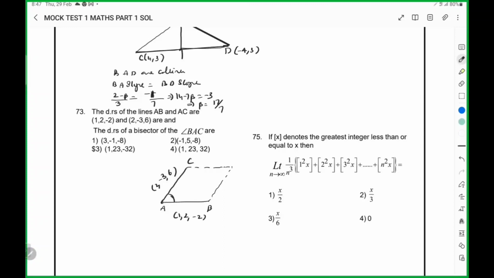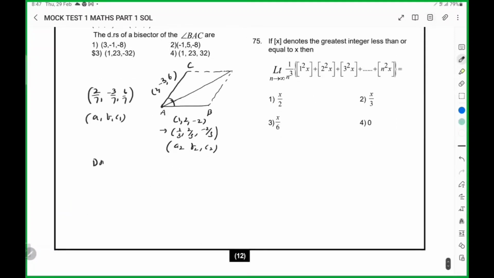When AC and AB lengths are equal, the angle bisector will be along the diagonal. So unit vector means 2 by 7, minus 3 by 7, 6 by 7. Along AB, 1 by 3, 2 by 3, minus 2 by 3. So these are A1, B1, C1, and here A2, B2, C2.